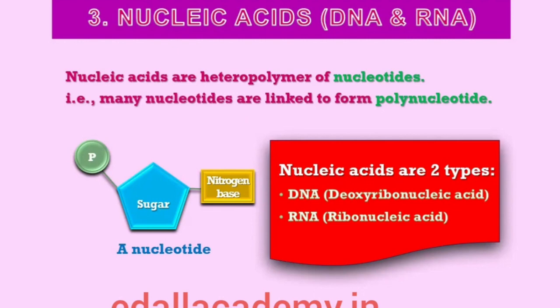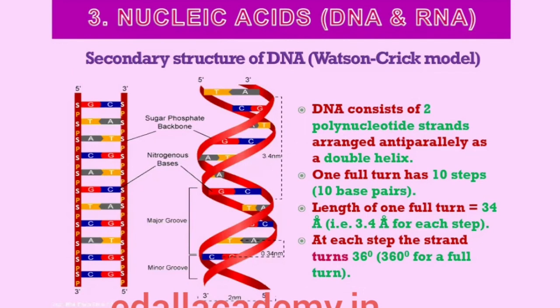The nucleic acid containing deoxyribose is called as deoxyribonucleic acid, that is DNA, while that which contains ribose is called as ribonucleic acid, RNA. Adenosine, guanosine, thymidine, uridine, and cytidine are the nucleosides. Adenylic acid, thymidylic acid, guanylic acid, uridylic acid, and cytidylic acid are generally called as nucleotides.